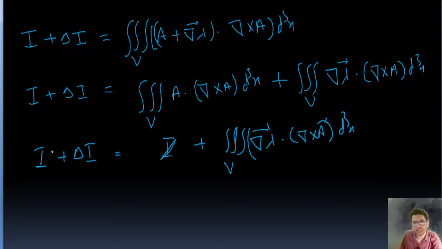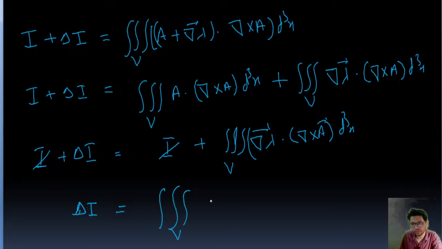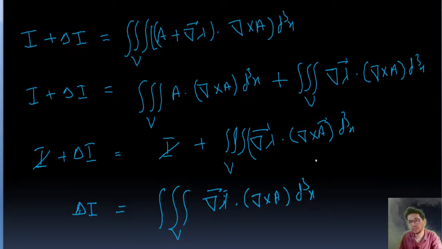So this I will get cancelled. So delta I value is going to be volume integration the gradient of lambda dot del cross A d cube x.